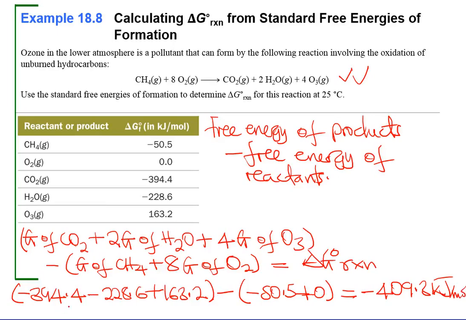So we can say that delta G naught reaction is equal to negative 409.3 kilojoule per mole. So you just say the free energy of products minus the free energy of reactants. That's how you determine the standard free energy of formation when you are given a chemical reaction.